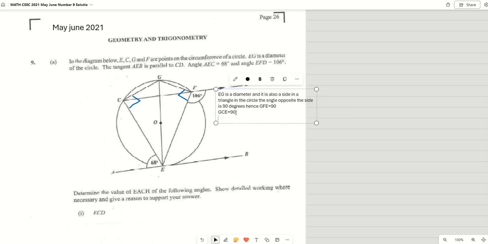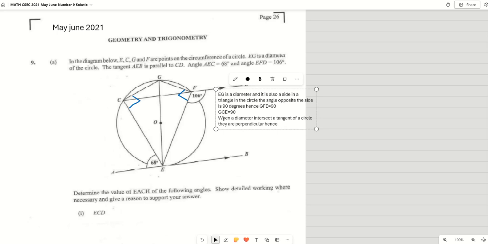The next rule that you would use is that they also told you AEB is a tangent. When a diameter intersects a tangent of a circle, they are perpendicular. What does that mean?